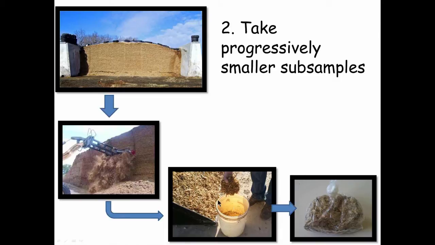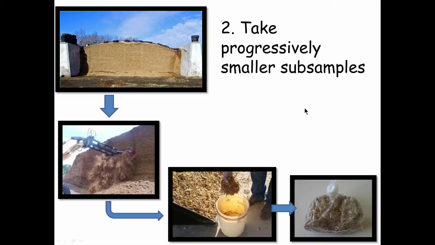Put that into there, and I'm going to do that multiple times. I'm going to take this bucket, which will be full, dump it out, mix it, and then take a subsample. Instead of just taking a few handfuls from here, which doesn't represent the entire silo, it's much more likely now that this bag will represent much more because I'm taking smaller and smaller subsamples.